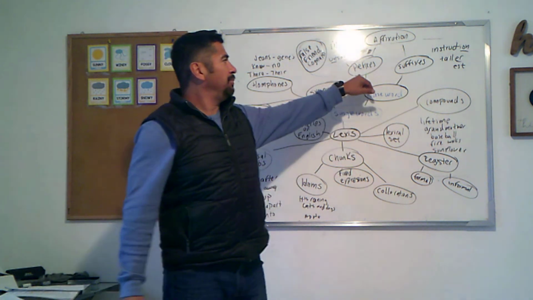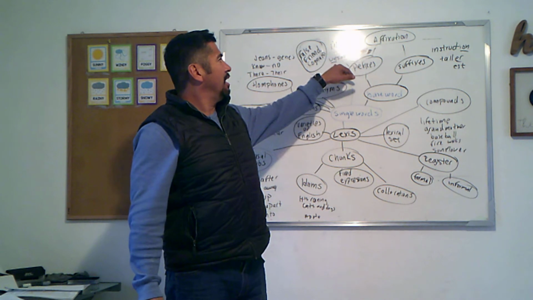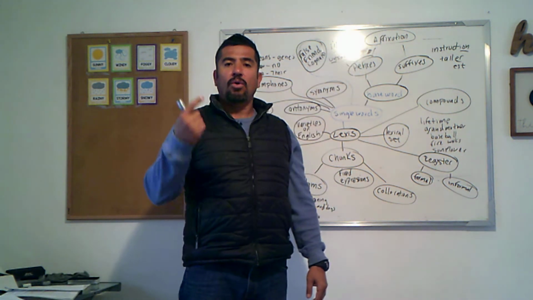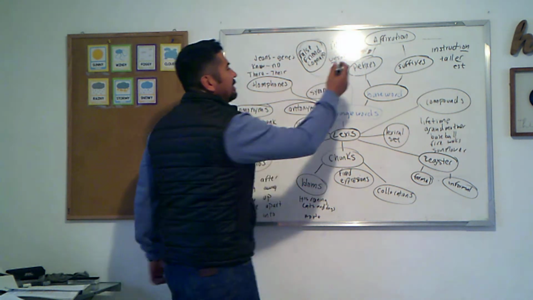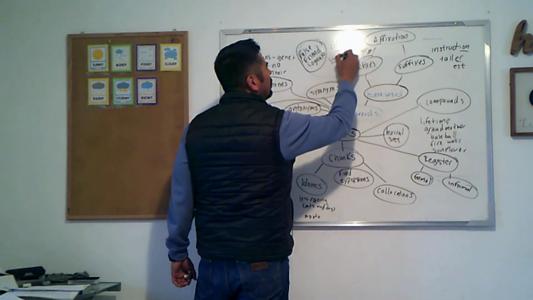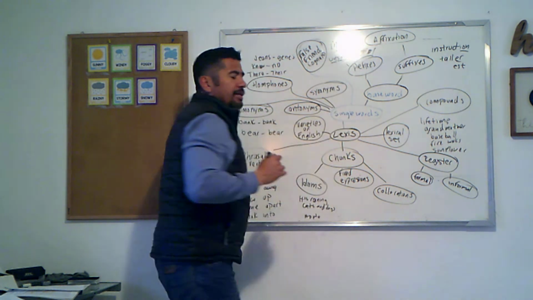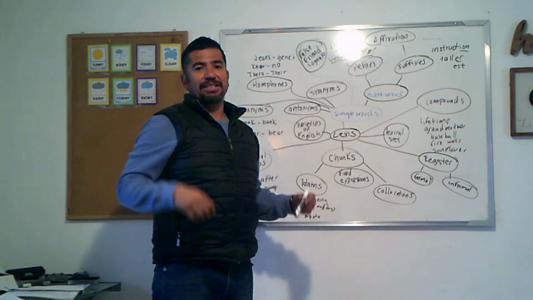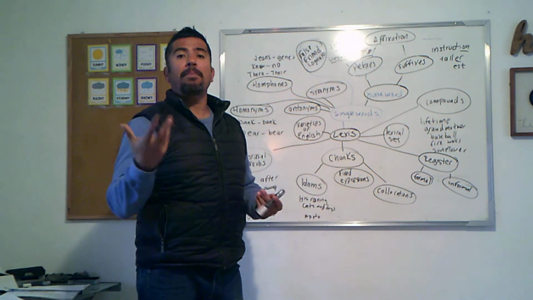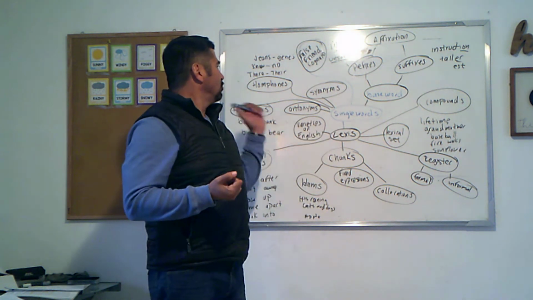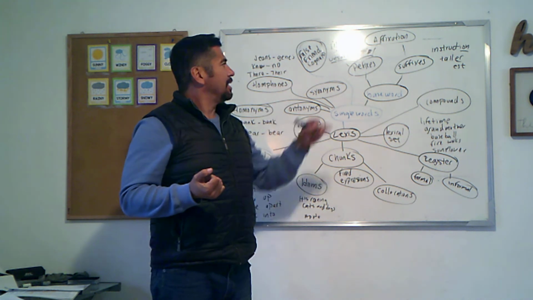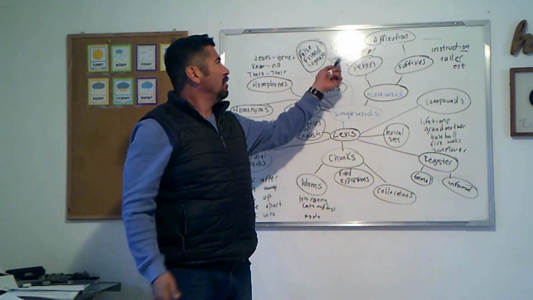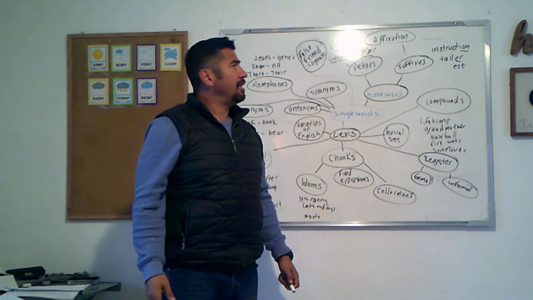For example, the prefixes are words like un or ill that we add at the beginning of the word. In this case, the base word would be legal or safe. And by adding this prefix, it turns it into the opposite, an antonym. Illegal would be the opposite of legal, and unsafe would be the opposite of safe.